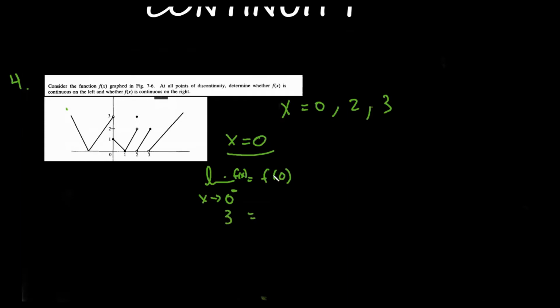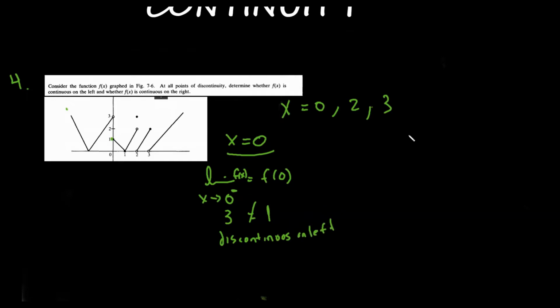And if we plug 0 into our function, f of 0 gives you this 1 here because we have a black circle. It doesn't give you the 3. This 3 means open circle, so it's not an actual value of f. So f of 0 is equal to 1. And this is not equal, so it's discontinuous on the left.